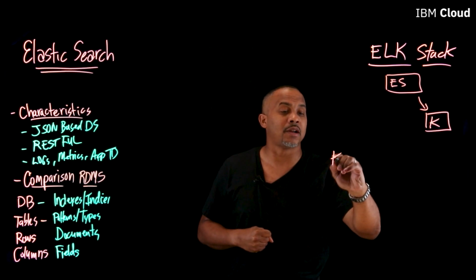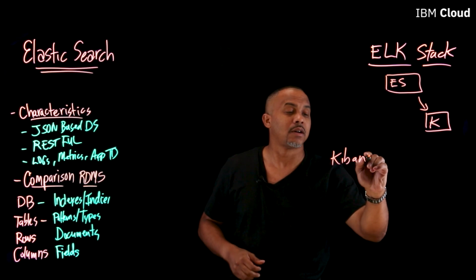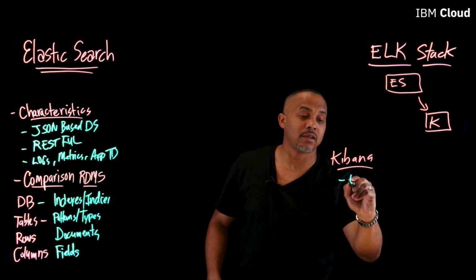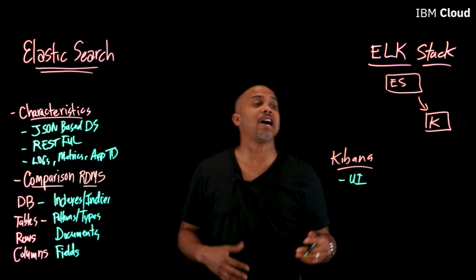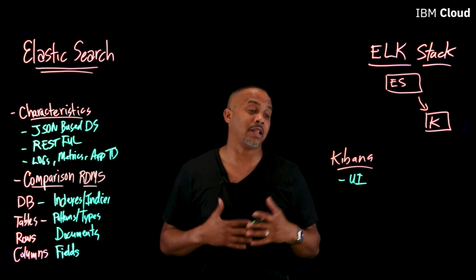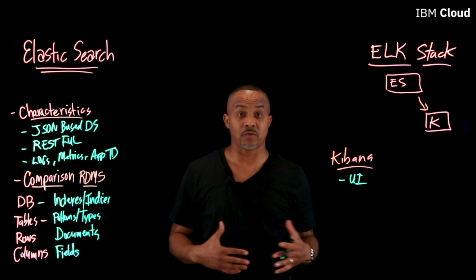And what we're going to do, the K is for Kibana. And Kibana is a web-based UI. This will be how you actually interact with a lot of the data that Elasticsearch prepares and indexes for you to use.